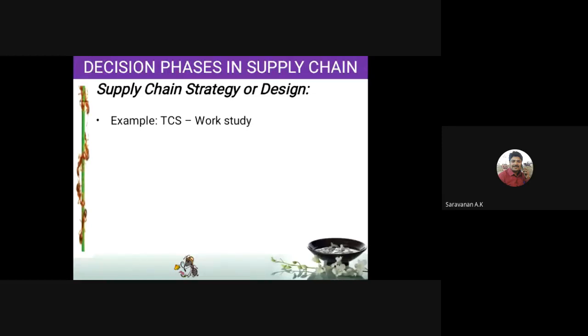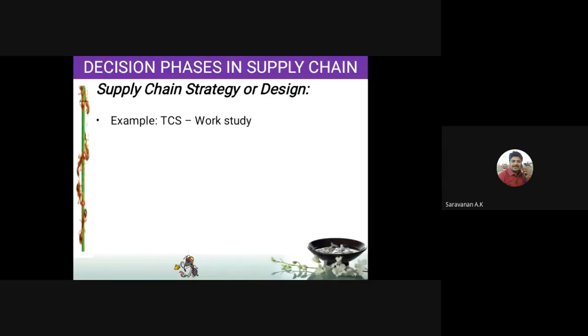So now the TCS has a big query: how to make the employee stay a minimum of 8 hours inside the plant, and utilize those 8 hours only for project programming. Is that possible? It is very difficult, because without tea people will not work. Without lunch nobody can work.